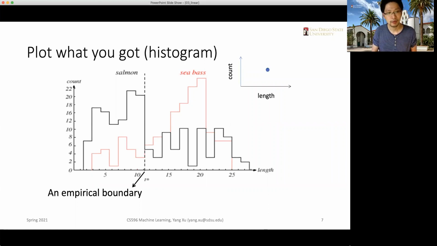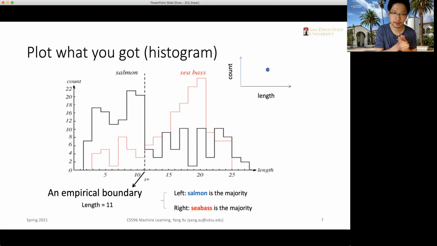So we can use this kind of empirical boundary to help us decide any new examples of fish. We can use the threshold, or the boundary, that's length equals 11 as our basis for making predictions.